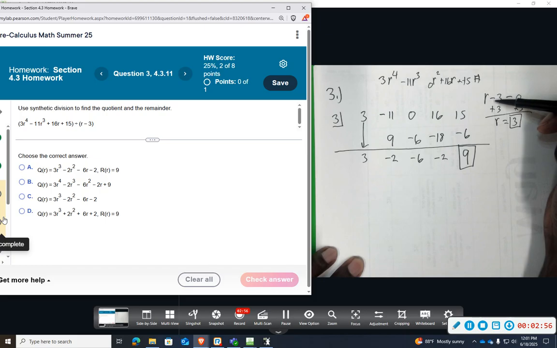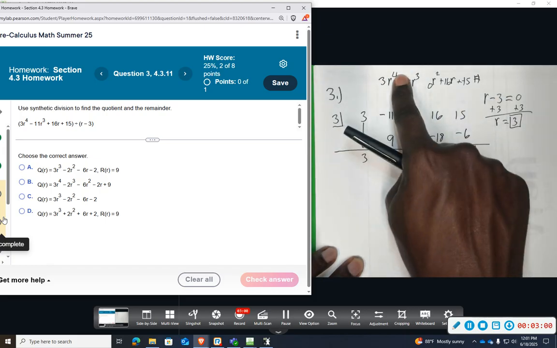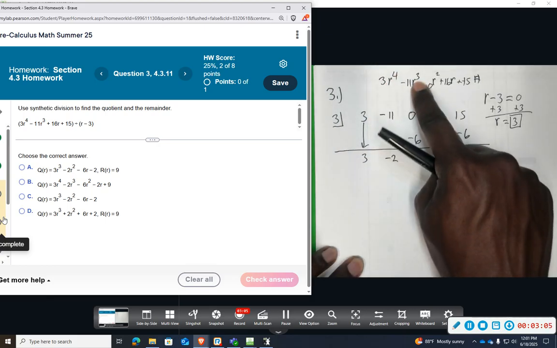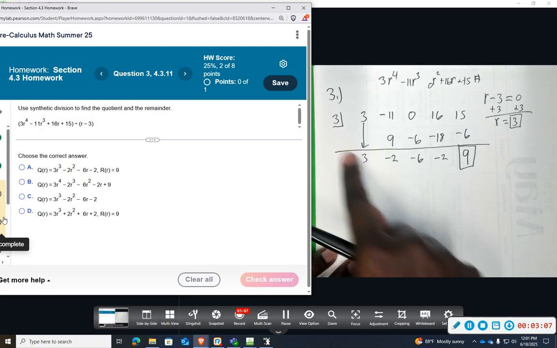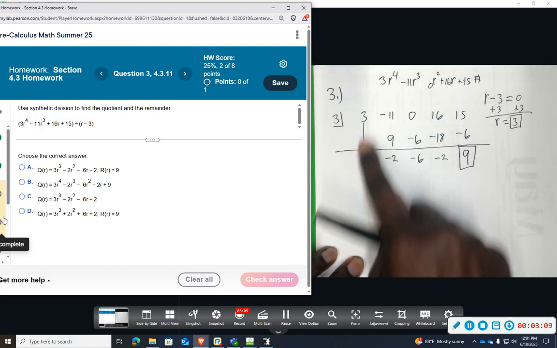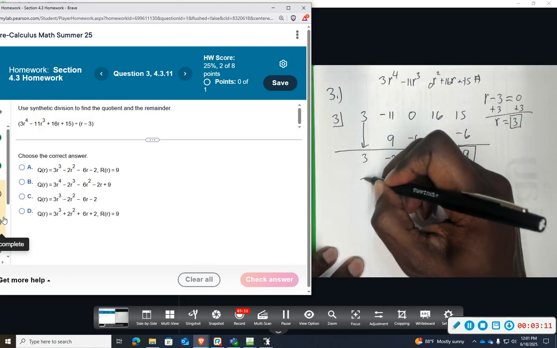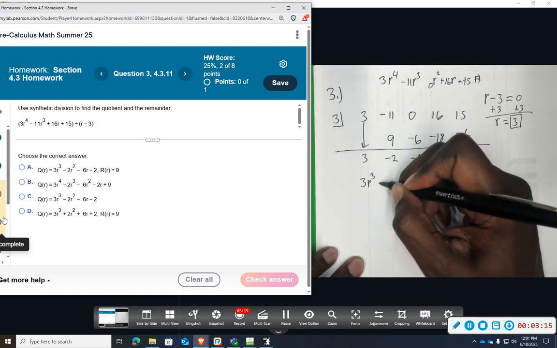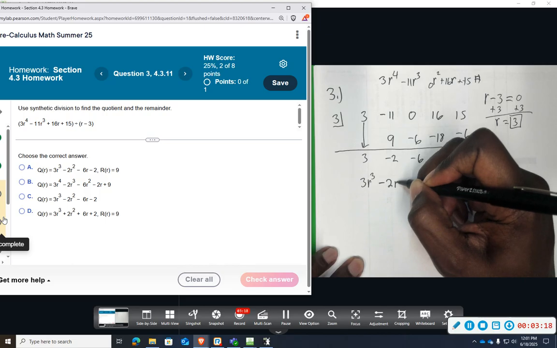Dividing out 1r from our linear factor r minus 3, we're going to reduce this power by 1. So instead of starting with r to the fourth, we're going to start with r to the third, because we divided 1 out by this process. So this 3 means 3r to the third. Minus 2 means minus 2r squared.